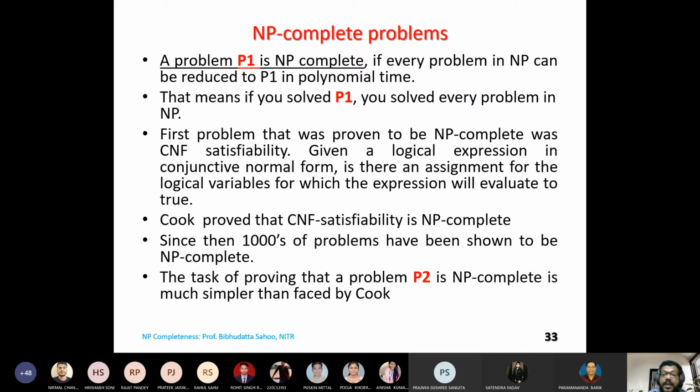So why so? Then you come to line number 1. A problem P1 is NP complete if every problem in NP can be reduced to P1 in polynomial time. If this is the hypothesis we accept, the reverse is that if you can solve the problem P1, you solve every problem in NP.